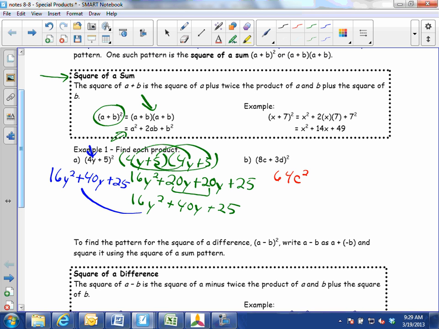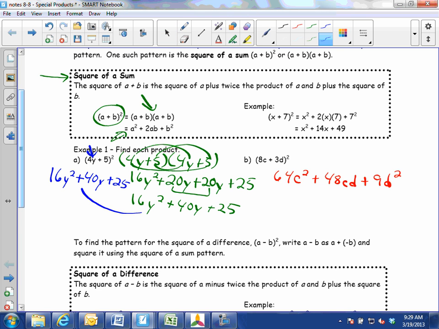So what is 8 times 3? 24cd, right? Times 2, so 48cd. And then we square this last one. What's 3d times 3d? 9d squared.